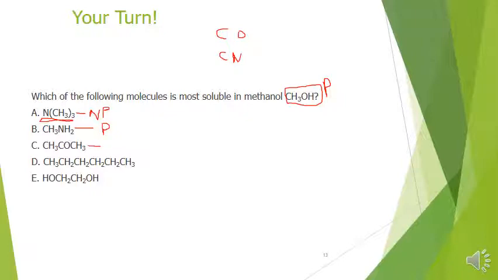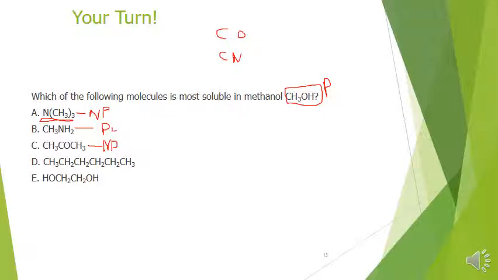All right, this one is even more polar. Because the ratio is 3 to 1, it has both polar and nonpolar parts, so it's kind of pushing on the nonpolar side. Okay, so far this one's the most likely to be soluble.